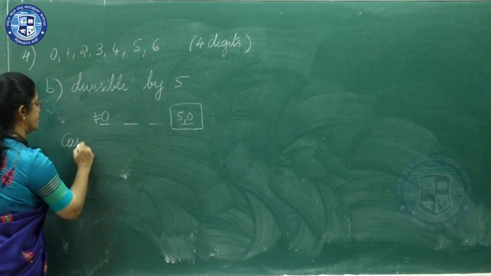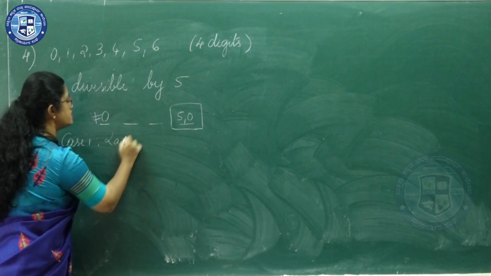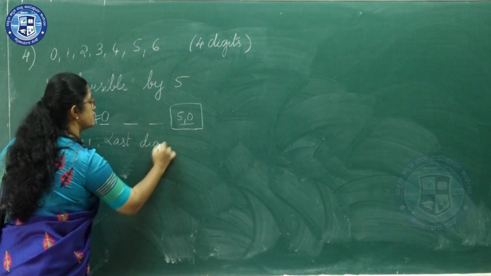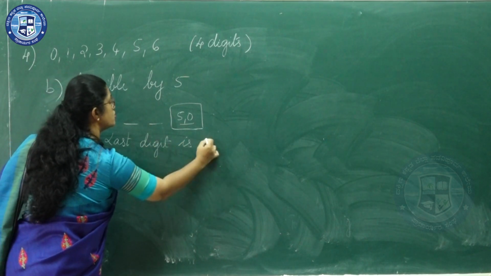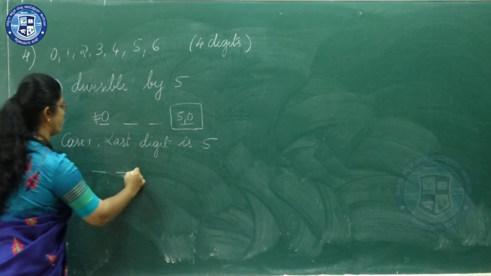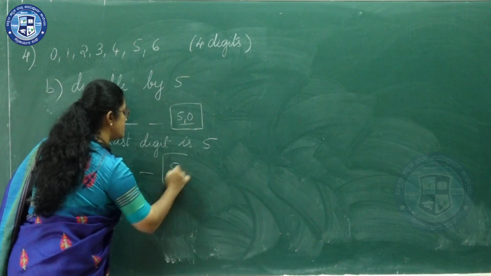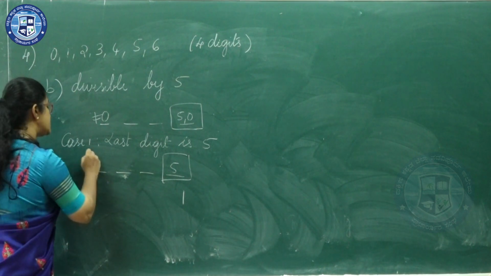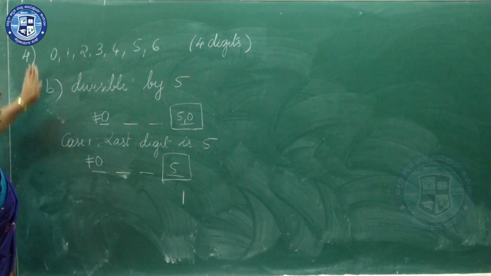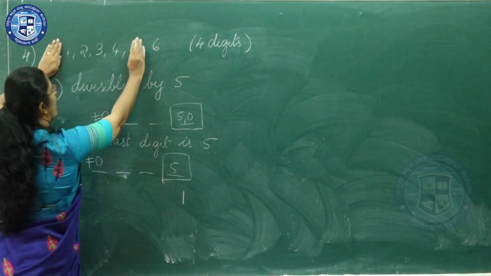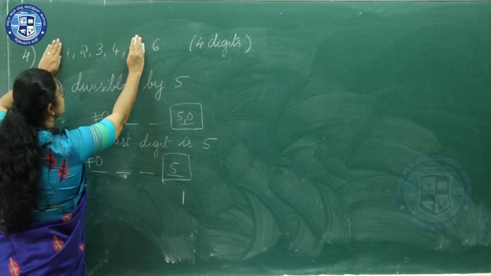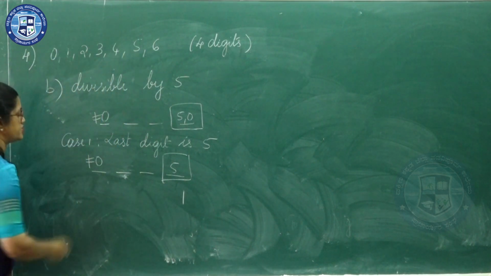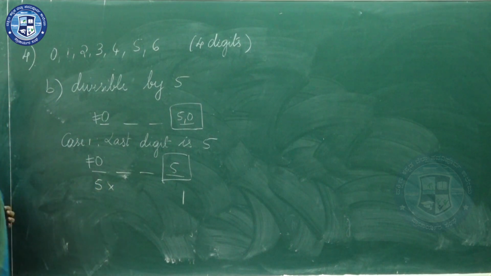Now case 1, last digit is 5. When the last digit is 5, this can be filled only in one way. This cannot be 0, and 5 is gone, so my number of choices is 5 choices.